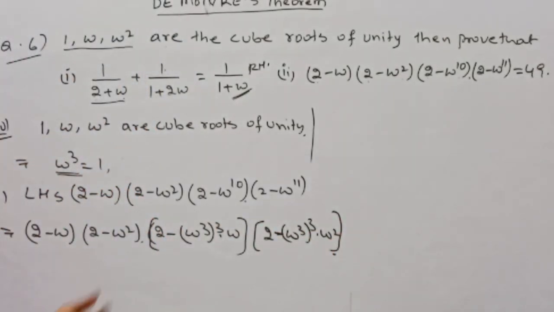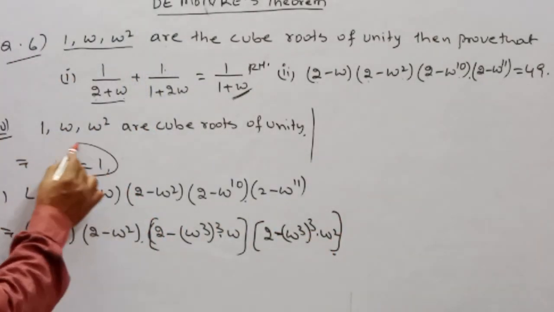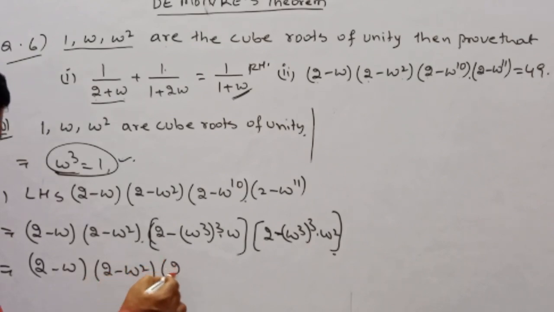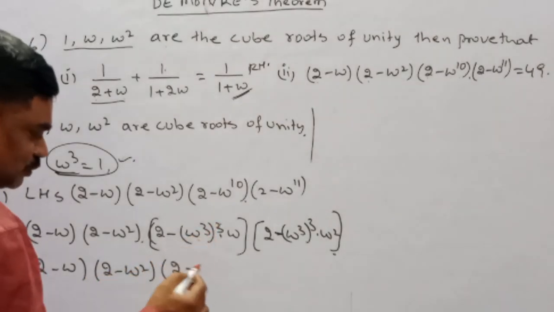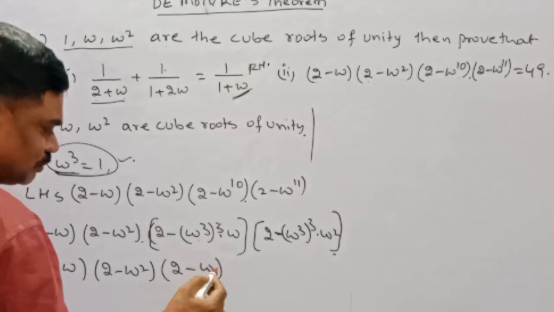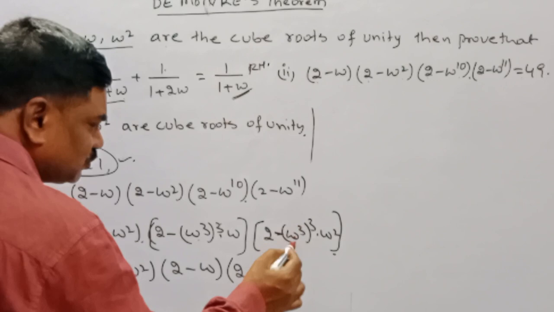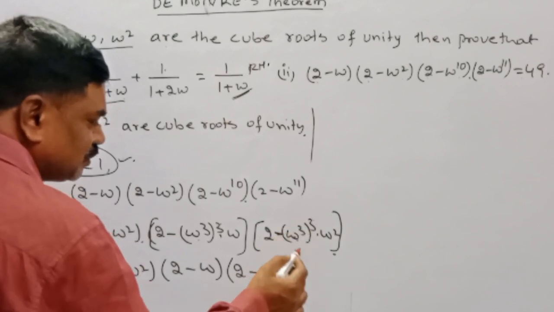Okay, all of you. But what is omega cube? Omega cube is equal to 1, we know that. That is (2 minus omega) into (2 minus omega square) into (2 minus 1 power cube) into 1. So this is (2 minus omega)(2 minus omega square), since omega cube is equal to 1 and 1 cube is equal to 1.